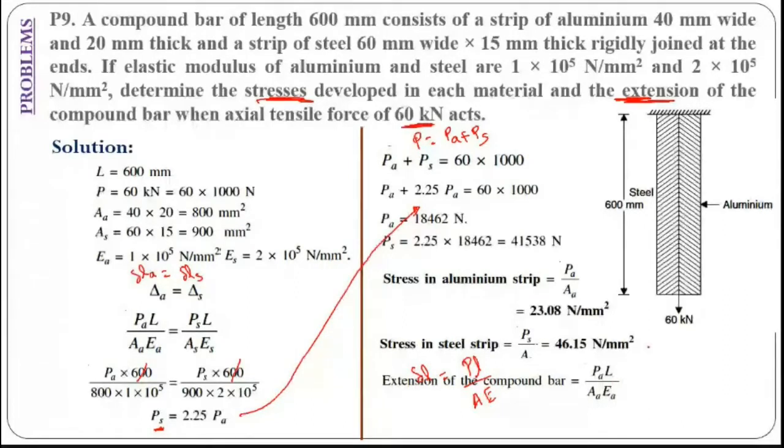You know all the values, so I'm substituting 18462 into L, which is 600, divided by AA. AA is 800 into Young's modulus, which is 1 into 10 power 5. I get 0.138 mm. So this is my answer.